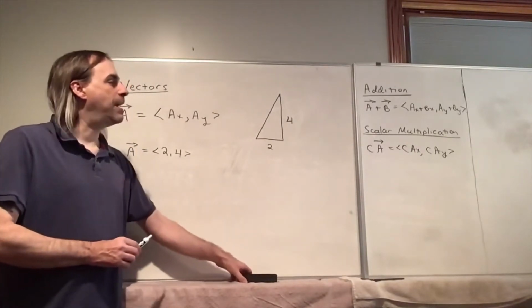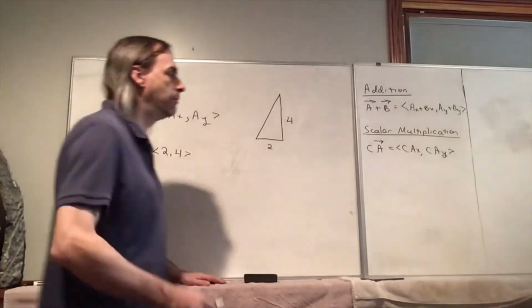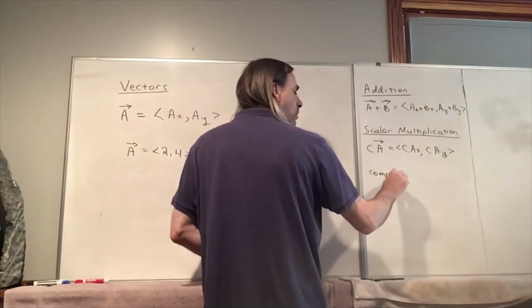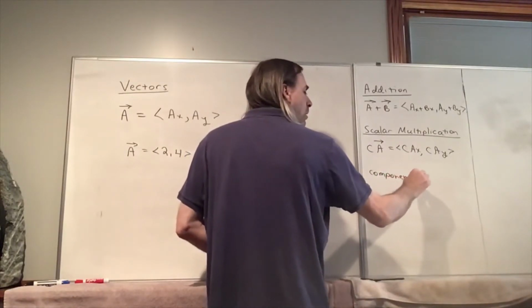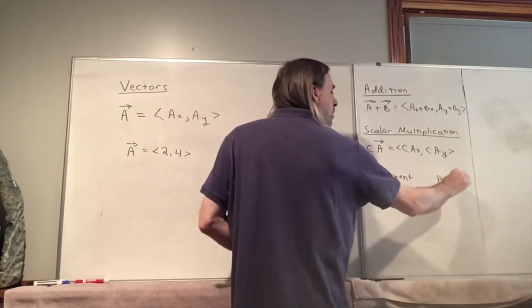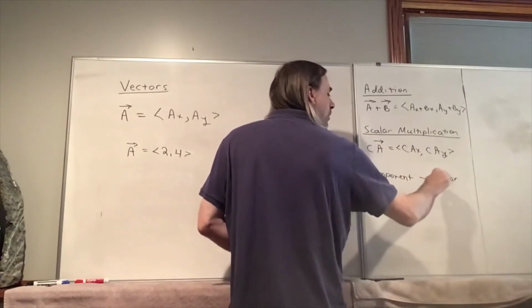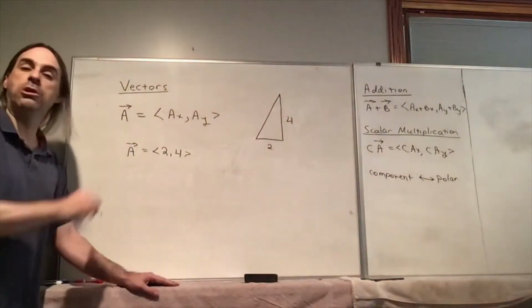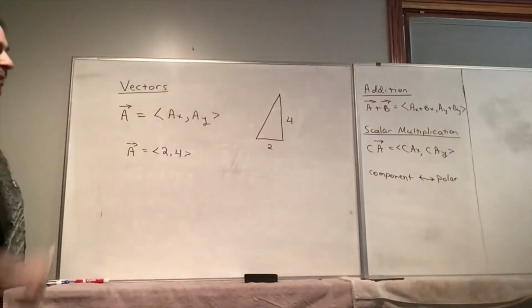And so we need to be able to convert between the two. We want to be able to go from component to polar and the other way around. So from component to polar, or polar to component. You got to be able to do both of those.